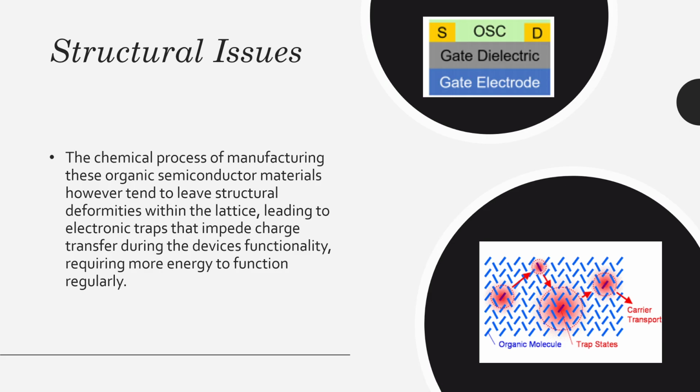A visual example of that is shown in the bottom right. The red spots are areas where charges could get stuck while moving through the semiconductor's lattice, and it would require a lot more energy to move them out than necessary.